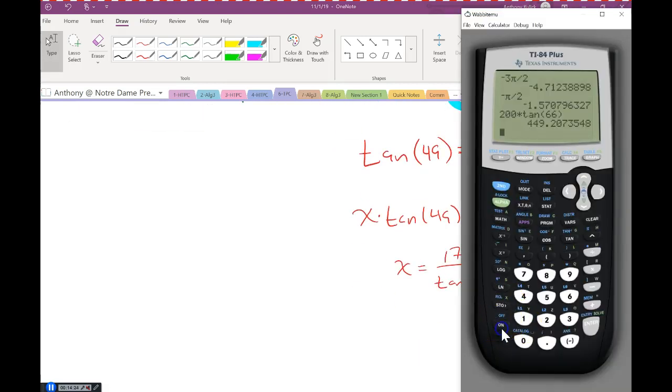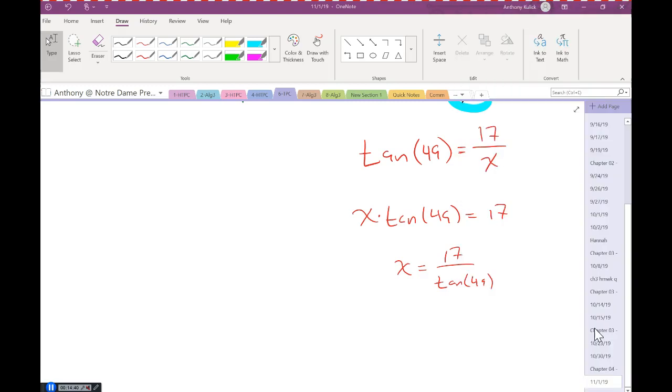Yep. So if you change your calculator to degree mode previously, it should still be there in degree mode now. So you don't need to check every time. You just need to check kind of when you start doing the problem. Well, depends on the angle measurement that you're given.